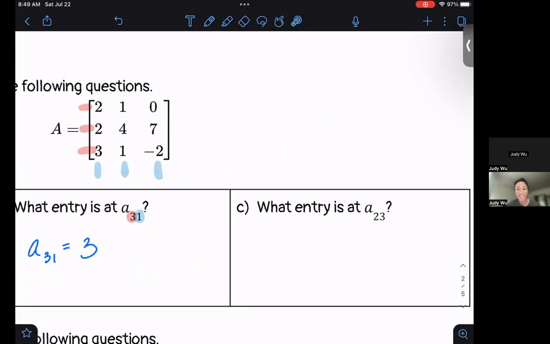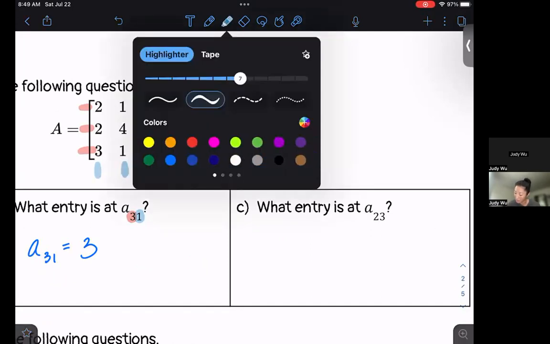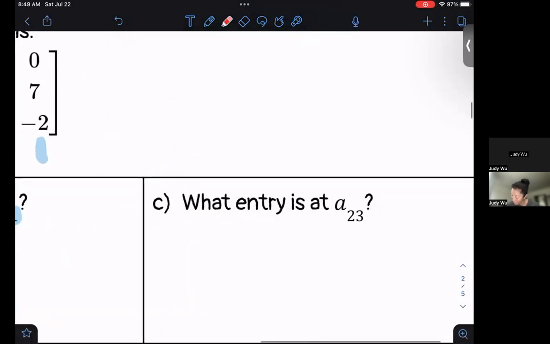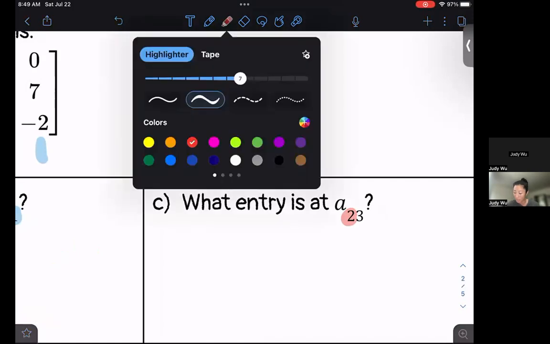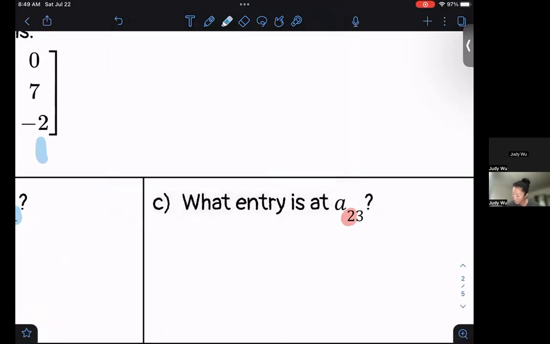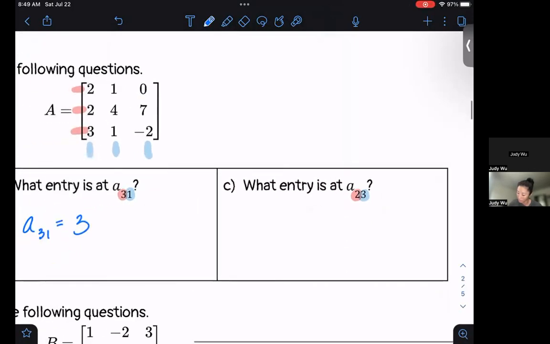Okay, let's practice that again over here. Remember, this is not saying entry A23, but rather it's saying entry in the matrix in the 2nd row and the 3rd column. Okay, so the 2nd row and the 3rd column.